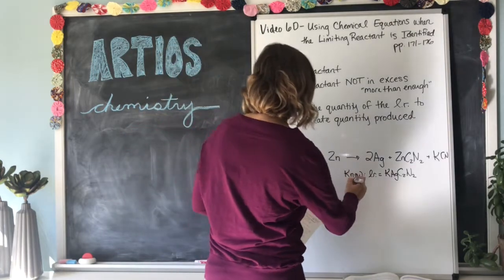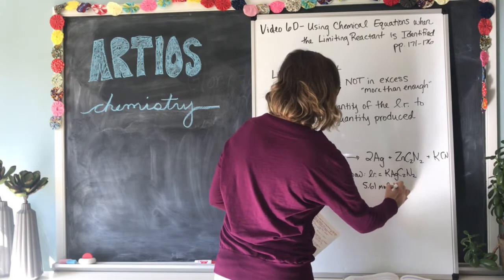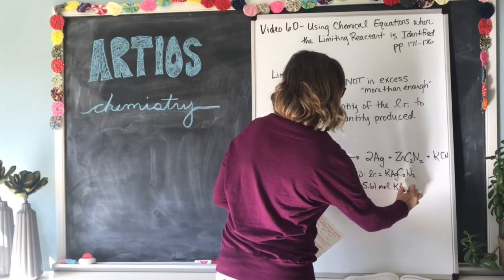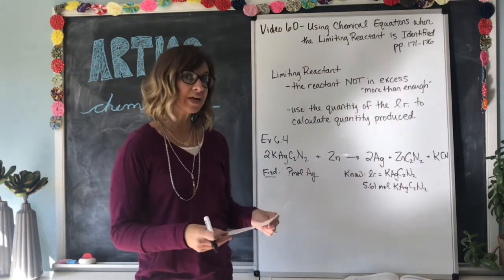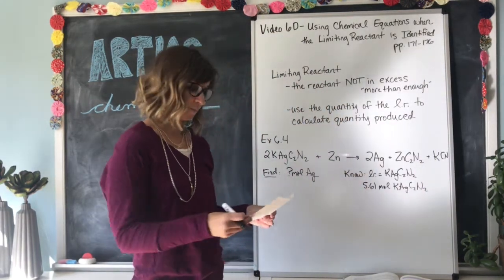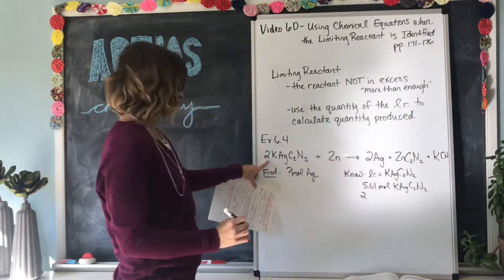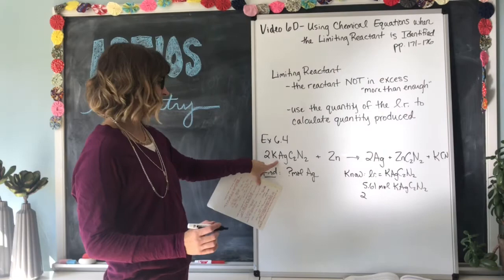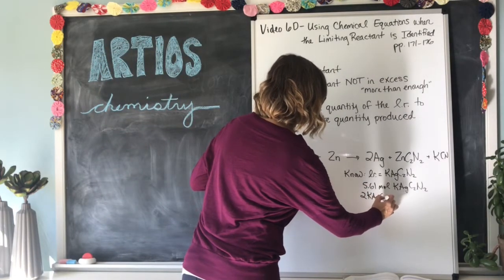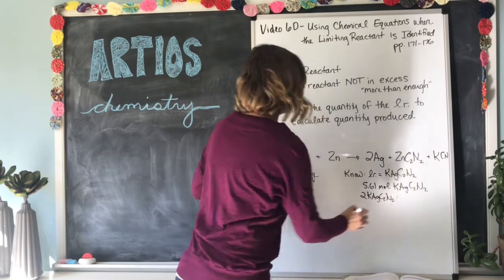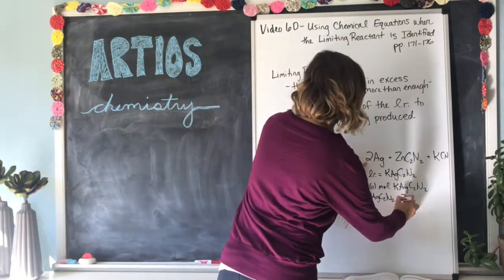Okay, so we have 5.61 moles of the limiting reactant, KAgC2N2. And then let's also write down the ratio for that reactant. It says for every 2 moles of KAgC2N2, we can produce 2 moles of silver.